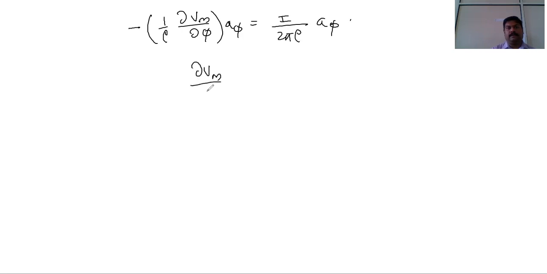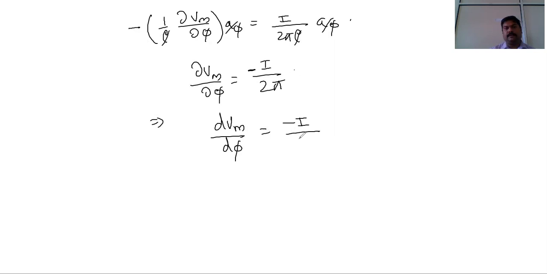So dou Vm by dou phi equals I by 2 pi with a negative sign. Because we have only one variable, this can be changed to dVm by d phi equals minus I by 2 pi. So if I solve this, what do you get? Scalar magnetic potential Vm equals minus I by 2 pi into phi.